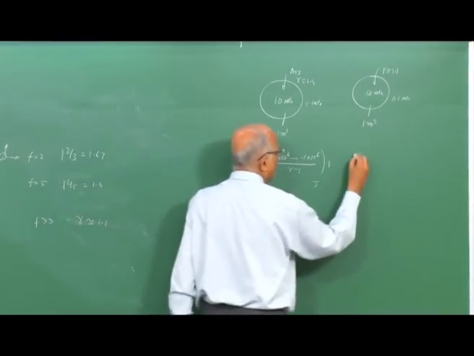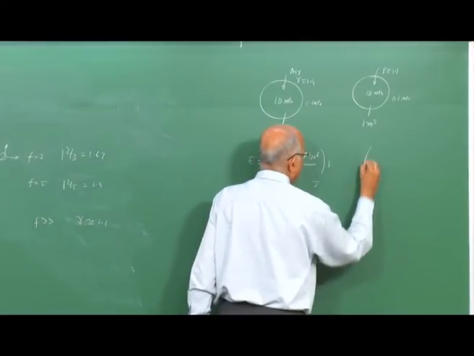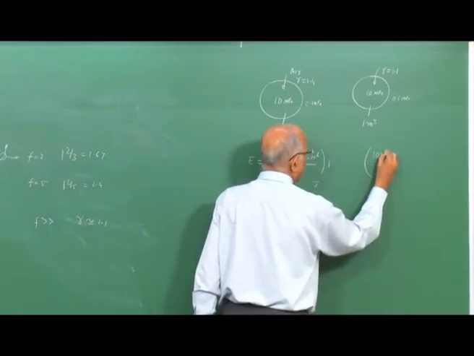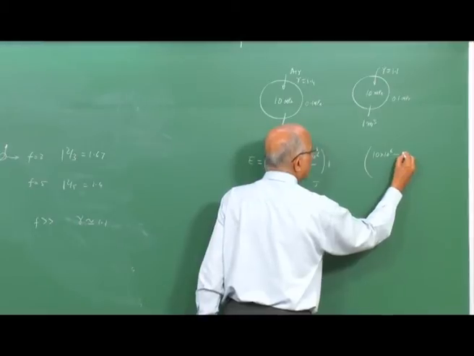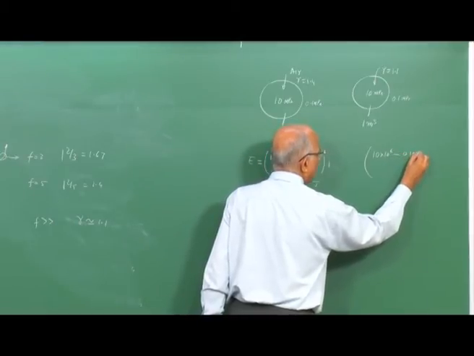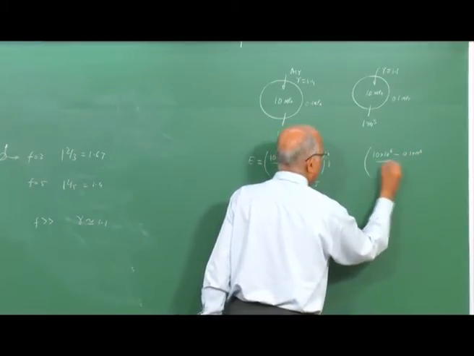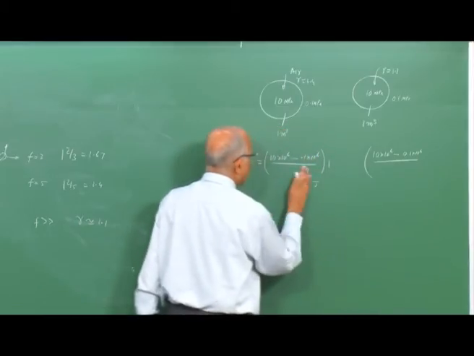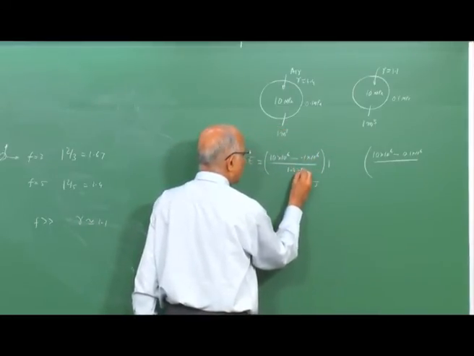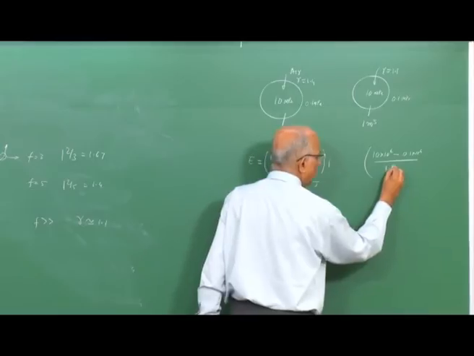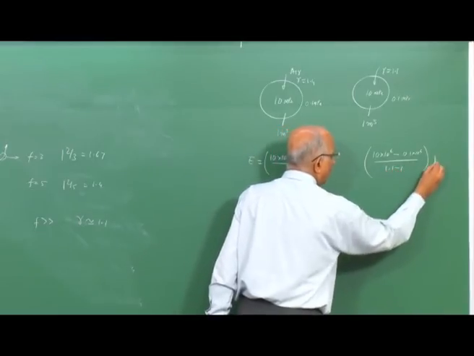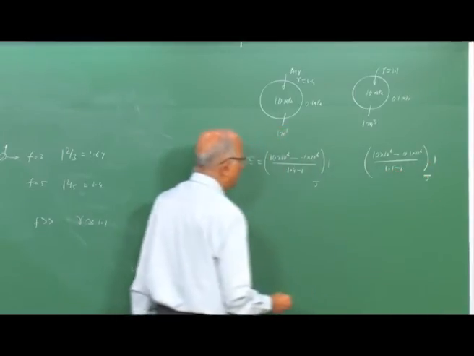In this case, I have a similar expression. I have 10 into 10 to the power 6 Pascal minus 0.1 into 10 to the power 6 Pascal divided by, in this case, gamma minus 1 is equal to 1.4 minus 1. In this case, it is 1.1 minus 1, into volume, so much joules which is generated.